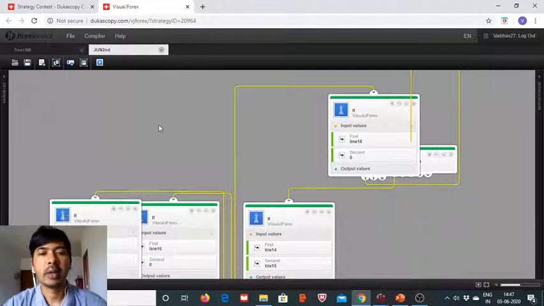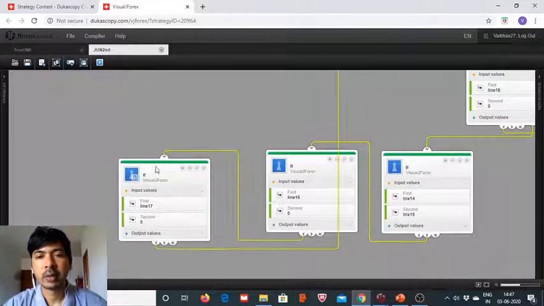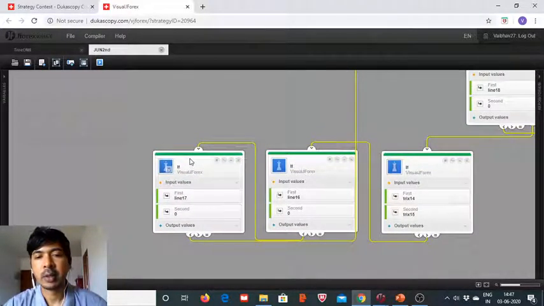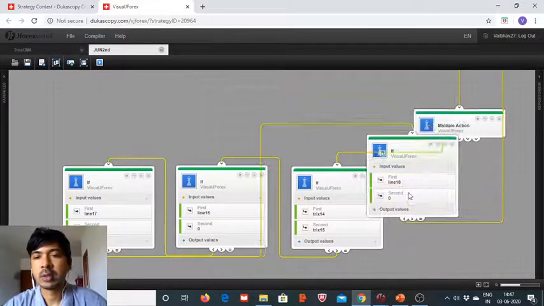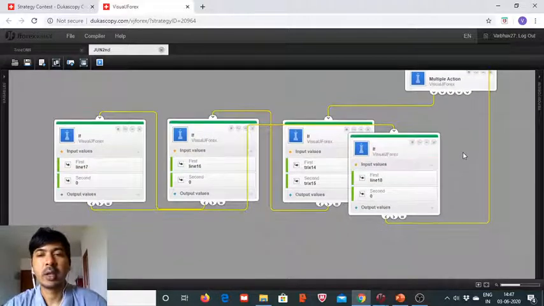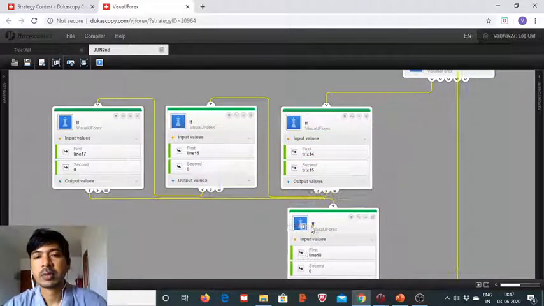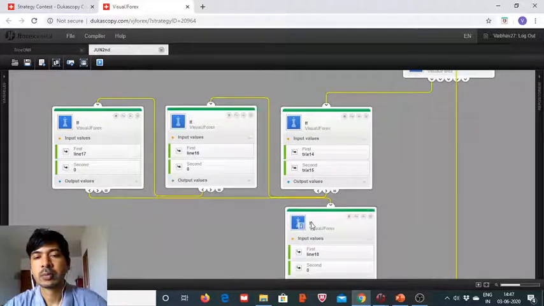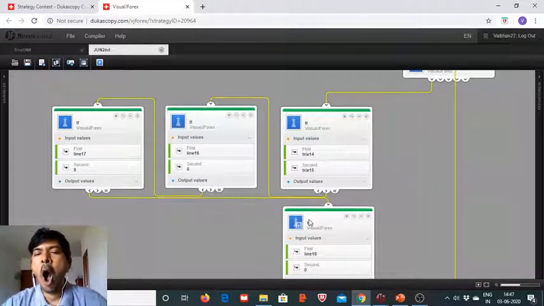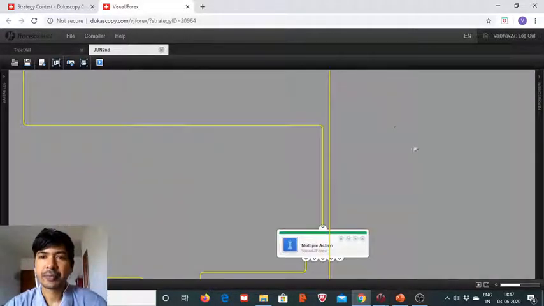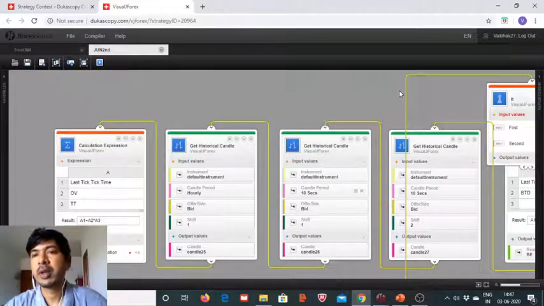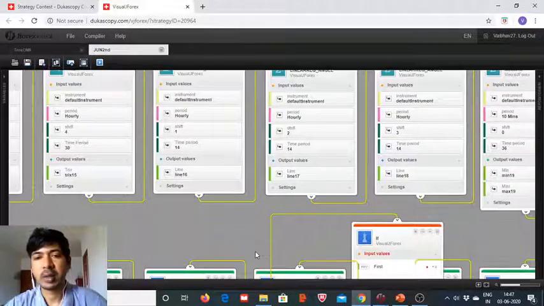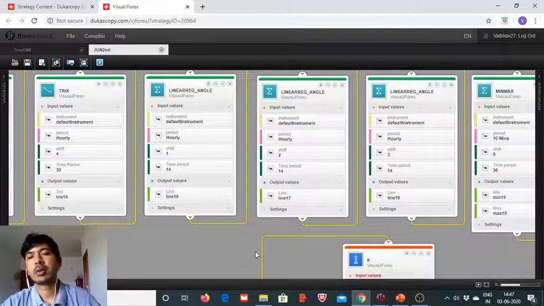Now is the time to compare these linear regression angle values amongst the three blocks itself. Now we need the turning point.